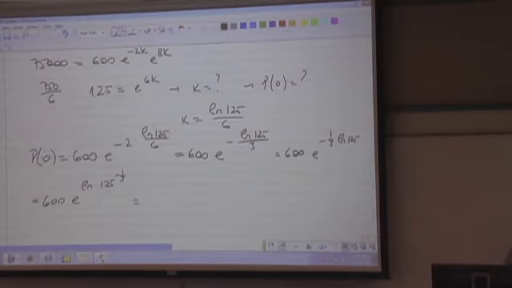What's 125 to the negative a third? Not quite, very close to 1/5. So you end up with 600 over 5, so you end up with 120. As I said, you just have to be a little creative.